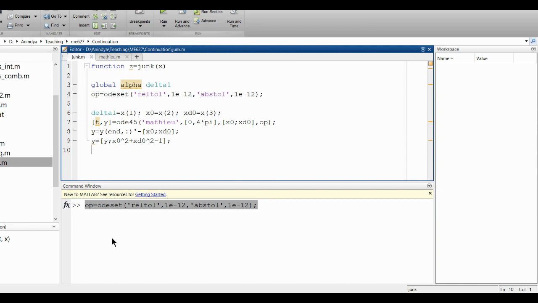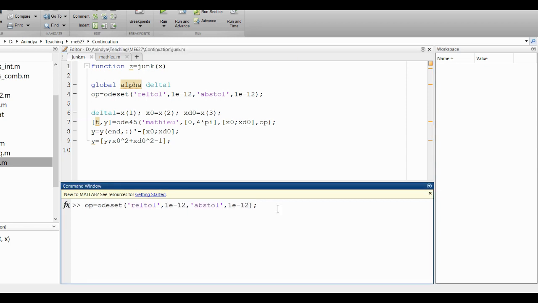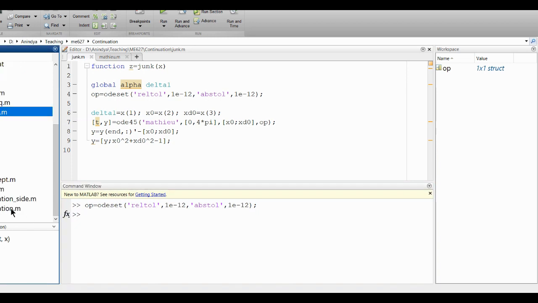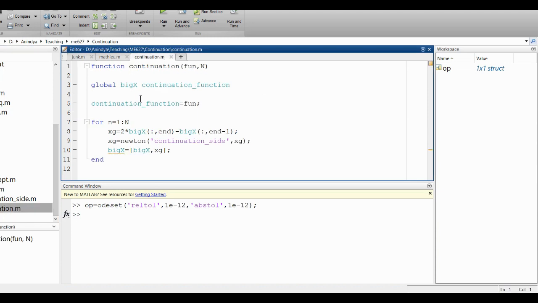Now I come here and I have to look at my continuation curve and remind myself of how that went, right? So I have to go to continuation, and in the continuation what I need is a big X, and the function name of course is junk because we are using that all the time. So I need a big X and I need an alpha.